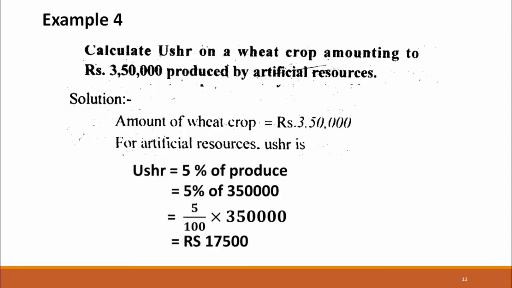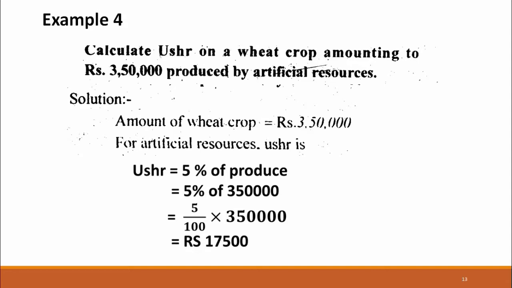Now, the next problem: to calculate Ushr on a wheat crop amounting to 3,50,000 rupees produced by artificial resources. So the previous example and this example are very simple and the same, but the total amount is changed.